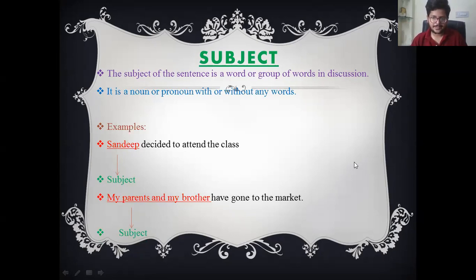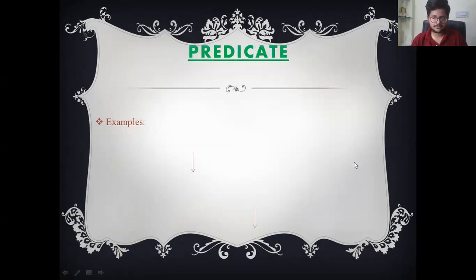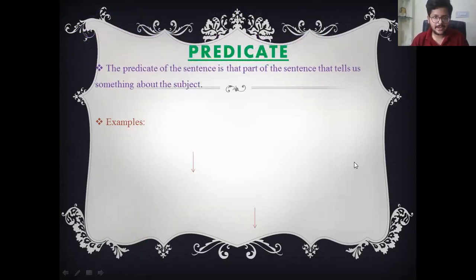Okay. Next, predicate. What is the predicate? The predicate of the sentence is that part of the sentence that tells us something about the subject. Very easy. The part of the sentence that tells something about the subject is called the predicate.